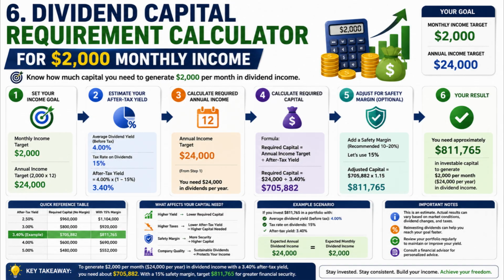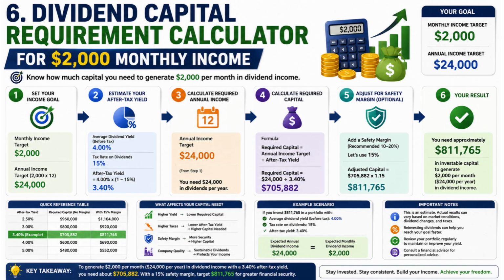However, investment income is not guaranteed. Companies can reduce dividends, portfolio yields can change, tax rates may increase, and market conditions can affect income. For this reason, the infographic includes an optional safety margin. In this example, a 15% safety margin is added to the original capital requirement.